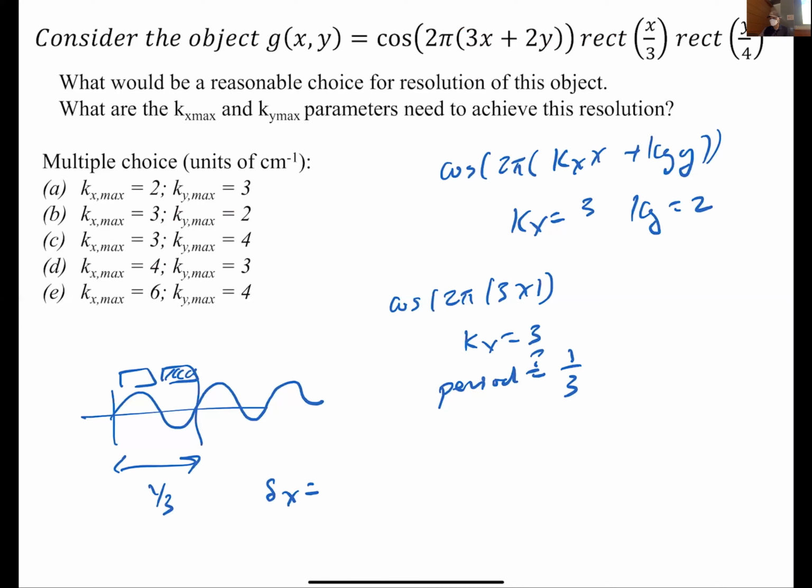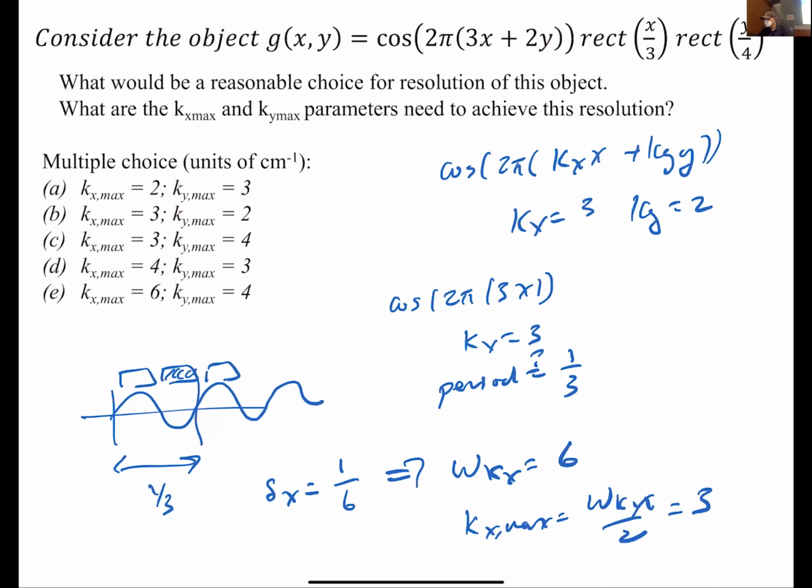So you want delta x equal to 1 over 6, and therefore you'd want W kx equal to 6, and then kx max, which is W kx over 2, equals 3. So those are two ways of doing that problem. Any questions on that? Okay.